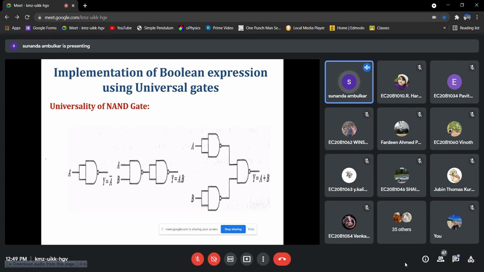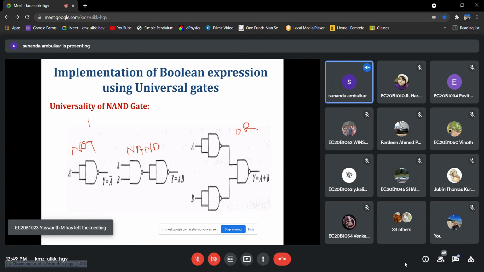This is very simple, just the way we have done in the NOR implementation, we'll do here. First we will see the NOT operation. This is NOT, this is NAND, and this will be OR. See, what is the output of the NAND gate? (AB) bar.